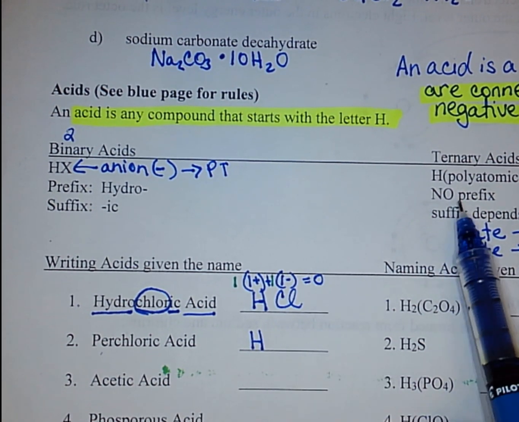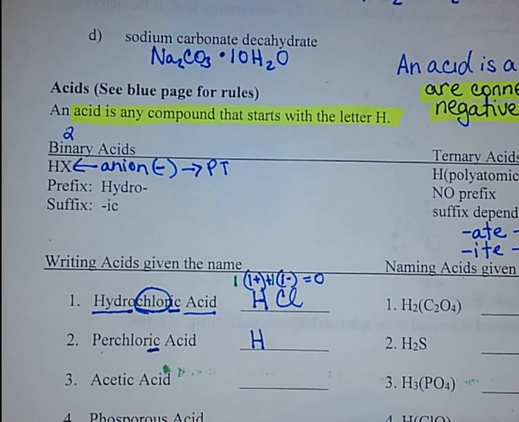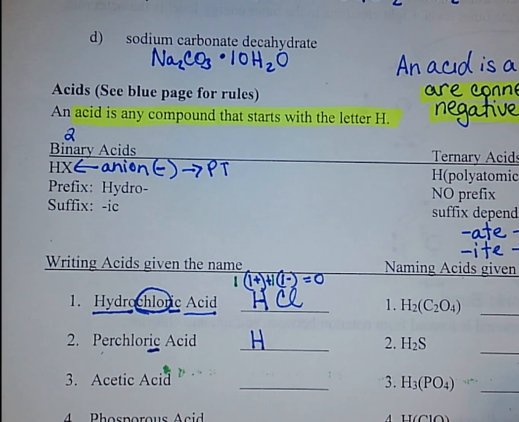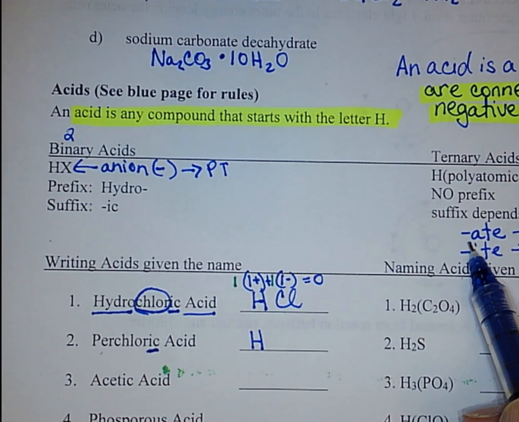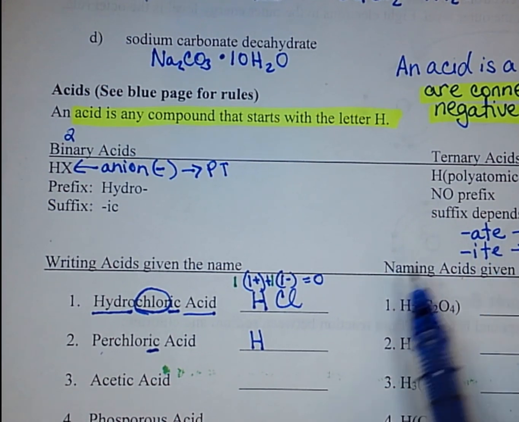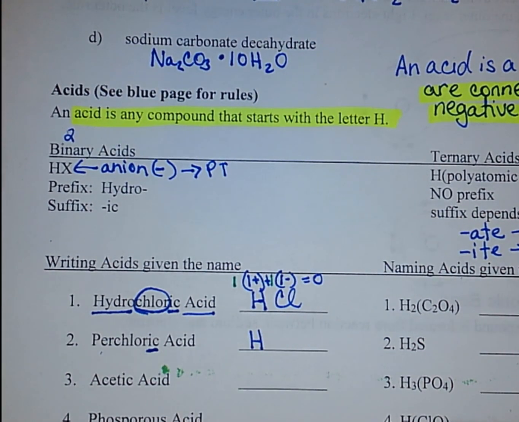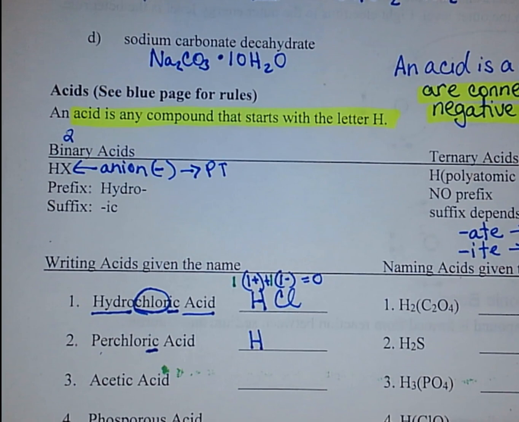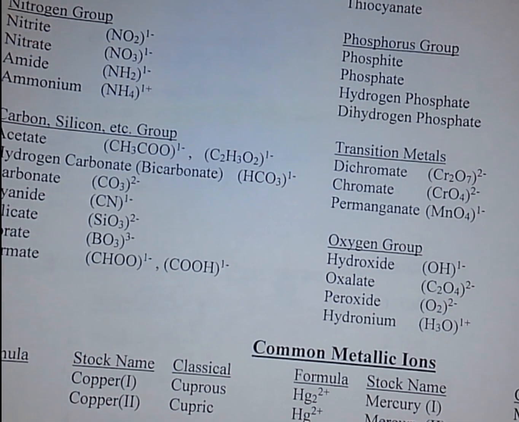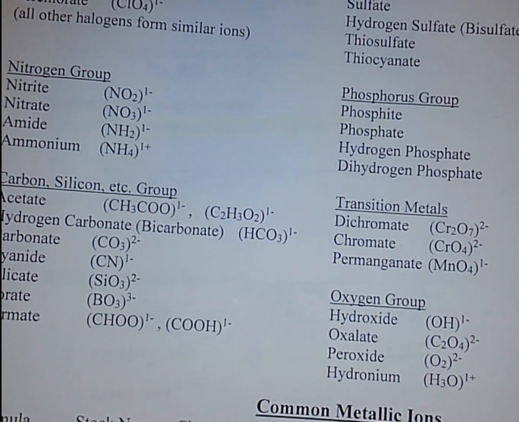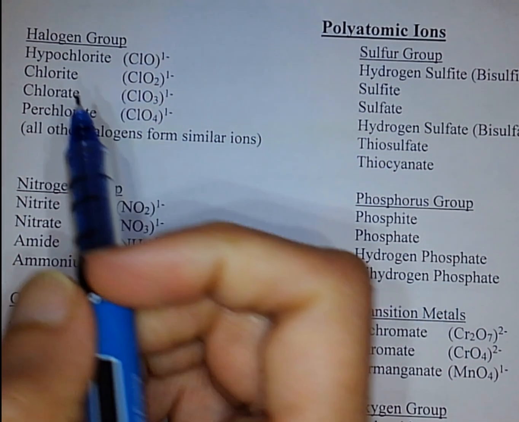So we've got our hydrogen. There's no prefix, and notice that it has an IC ending. IC ending means that perchloric happens to be the polyatomic that has an ATE ending. So it's perchlorate. And if you look at your polyatomic chart, it's right here.